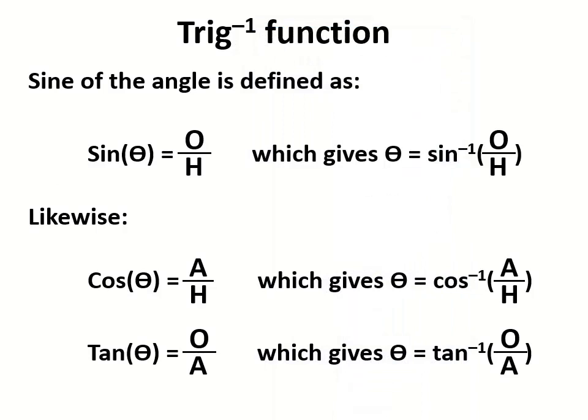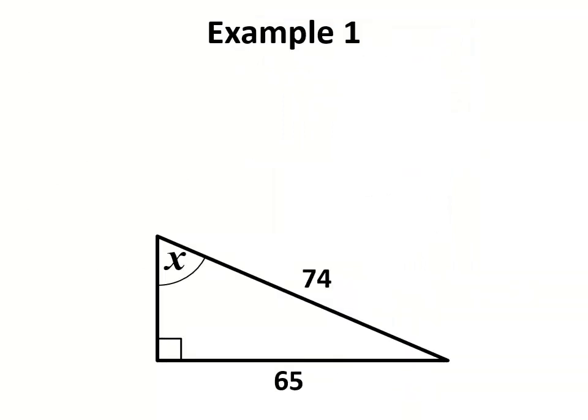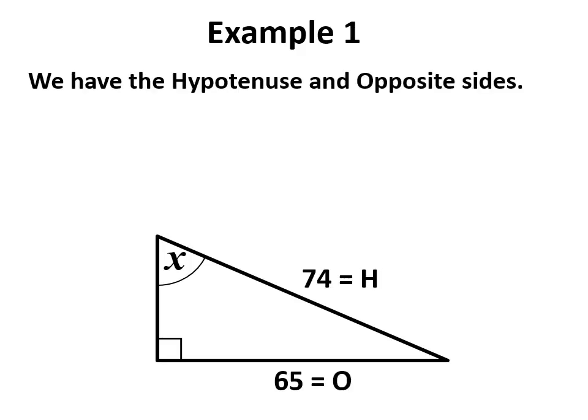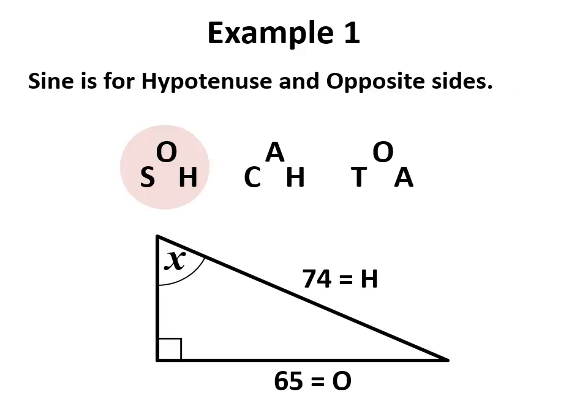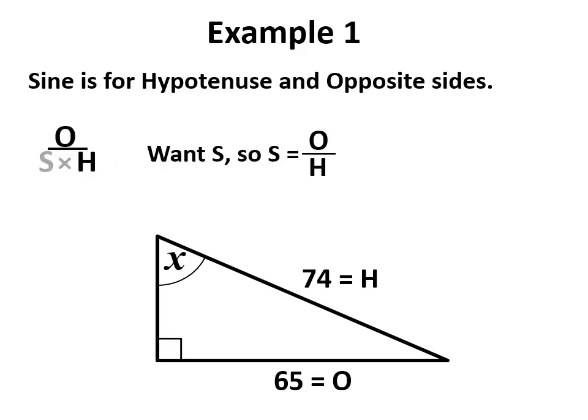So let's see how it works in practice. Here we have two sides, 74 and 65, and we're asked to find angle X. No problem, we label as always H and O. We look at SOHCAHTOA and we see that sin is a relationship between O and H, and we want the size of the angle.